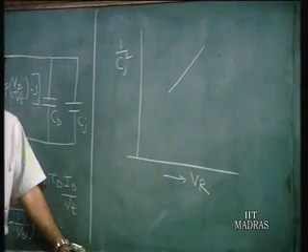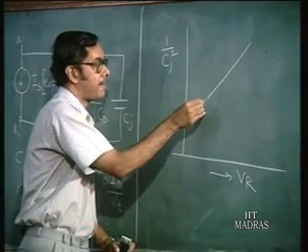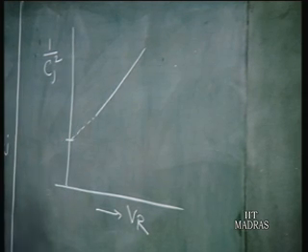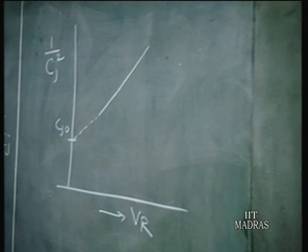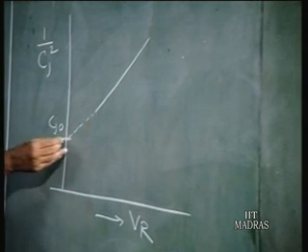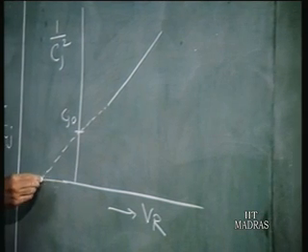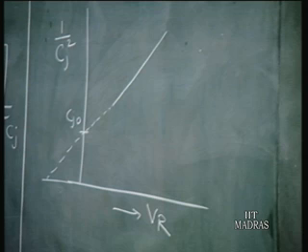If you extend this straight line, the point of intersection here is equal to CJO, the 0 bias junction capacitance. And if you extend this line further so that it meets this axis, what happens?